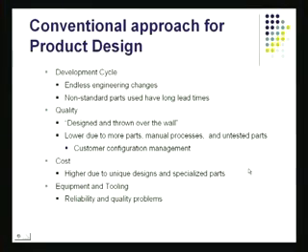The conventional approach to product design, how was it done? Well, we went through a development cycle when we did a lot of changes and so on and so forth, and there were non-standard parts used in the conventional way. And these usually had long lead times because they were non-standard parts. They all had to be made one of a kind. Quality also was something that I just mentioned to you.